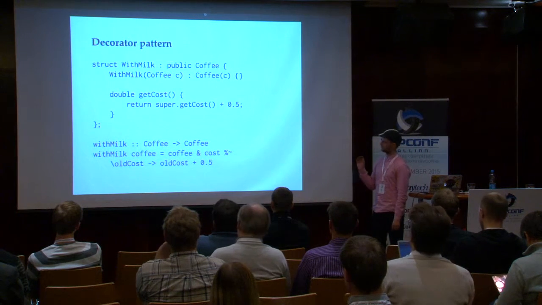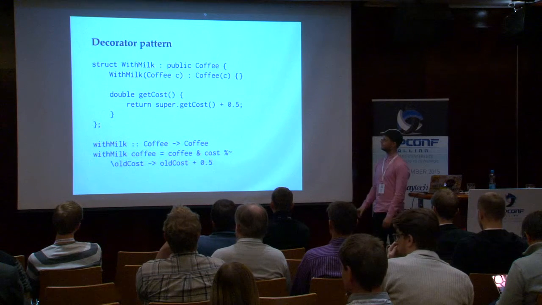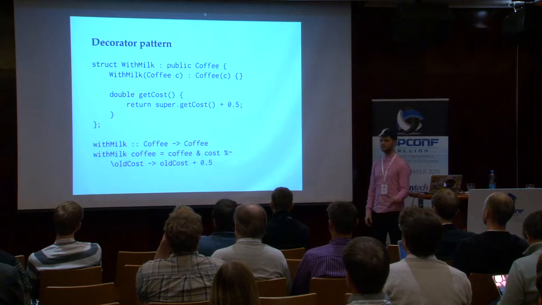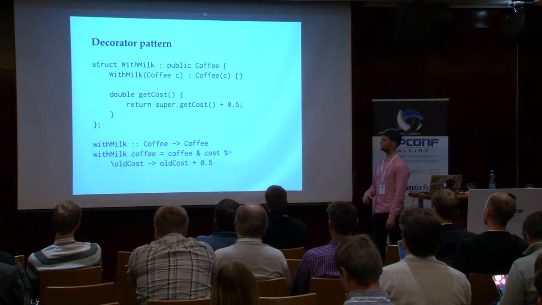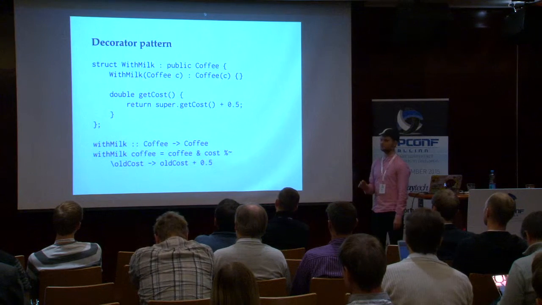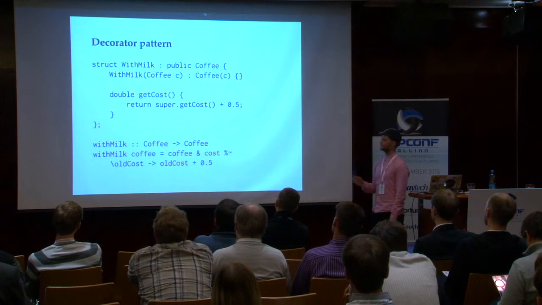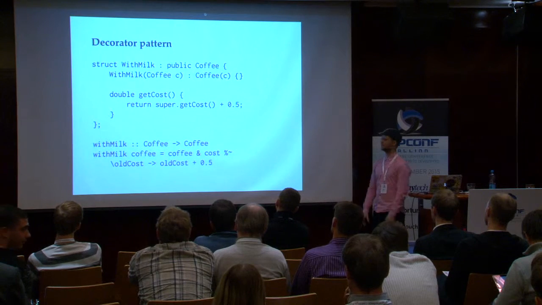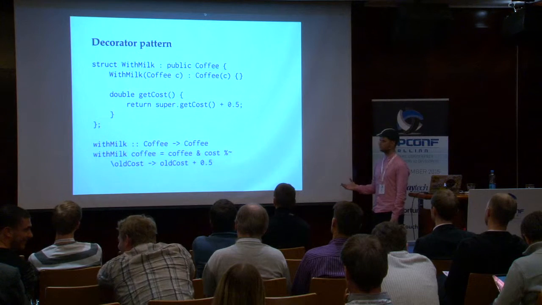Let's say we have a coffee class, and then we want another class for coffee with milk. So not to repeat ourselves, we make a decorator with milk, which is always a coffee and takes coffee as an argument. So we start with coffee and add milk. And if we are in a cafeteria, it costs us a bit more.